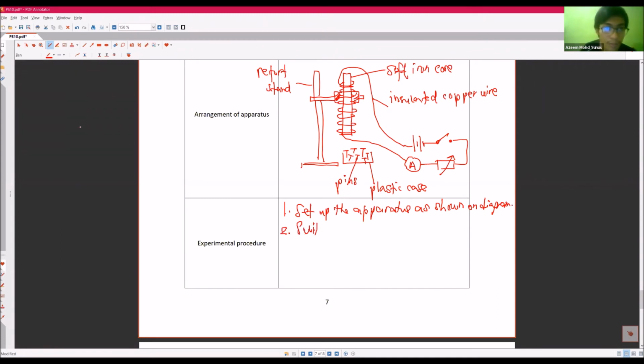Close the switch and adjust the rheostat to 0.5 ampere.